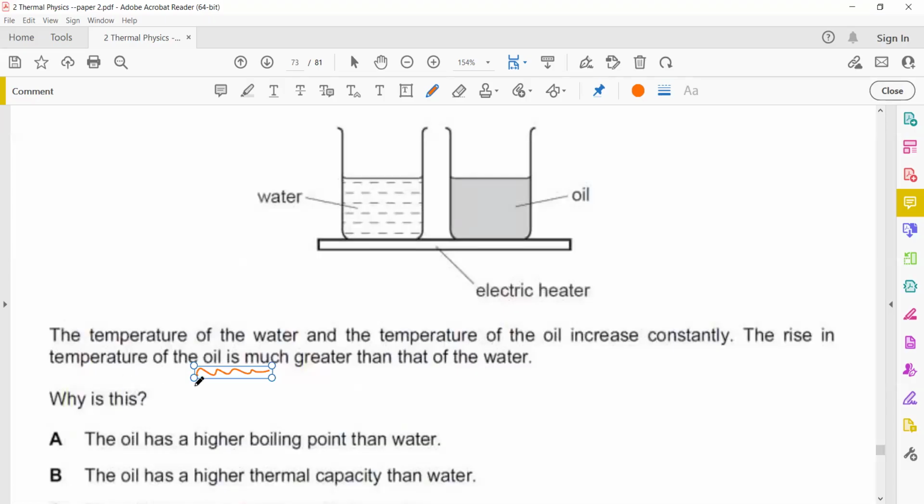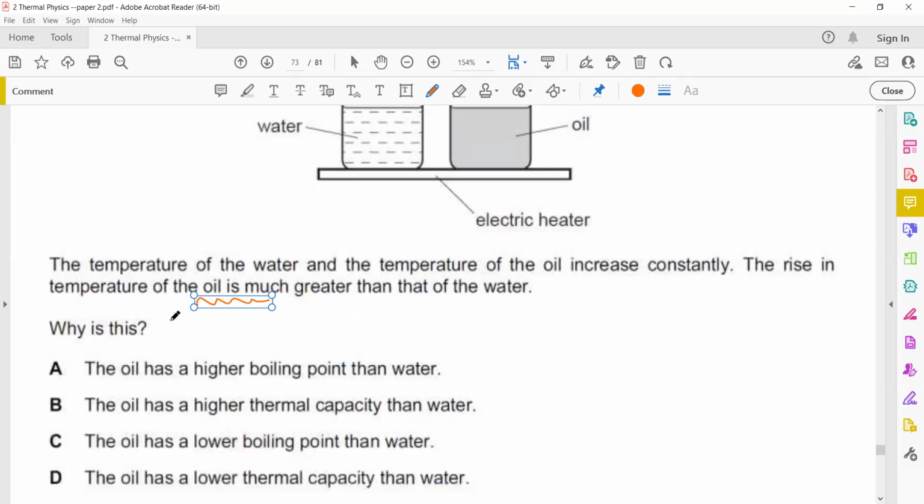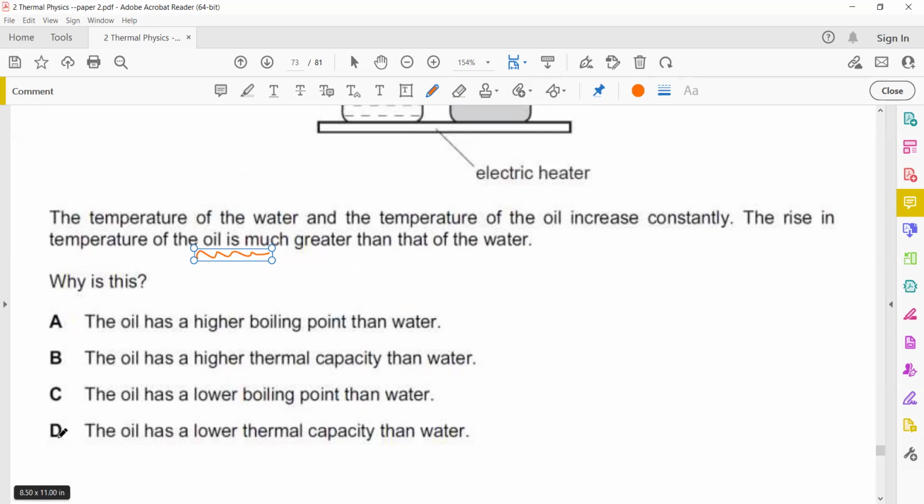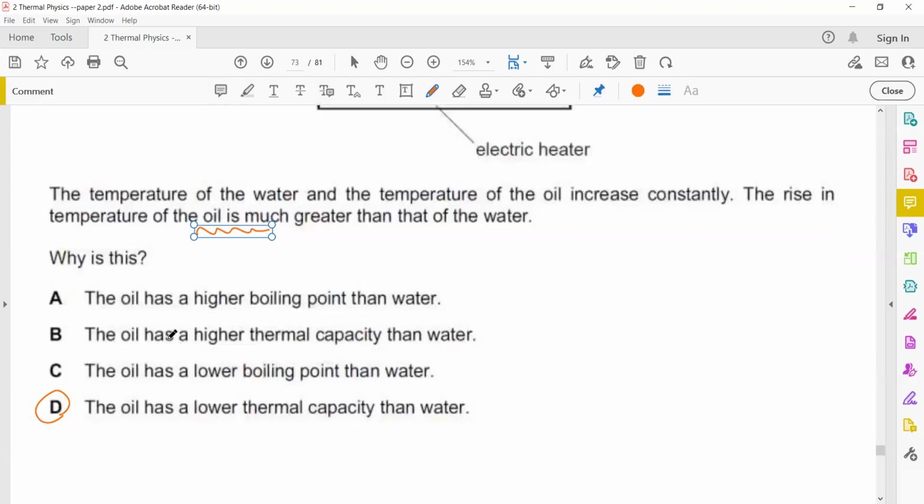They receive the same amount of energy, and this is because oil has a lower thermal capacity than water. Lower thermal capacity means that when the liquid receives a certain amount of energy, the rise in temperature will be higher. But for water, because of the large thermal capacity, it receives the same amount of energy and the rise in temperature will be lower than oil.